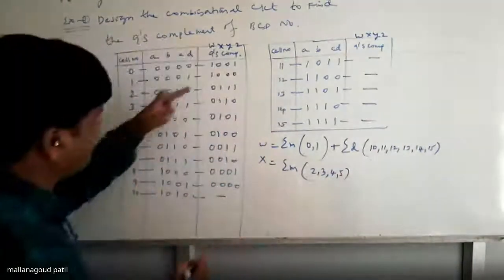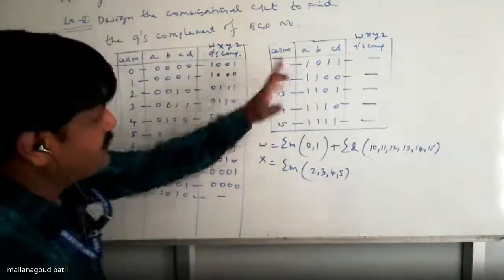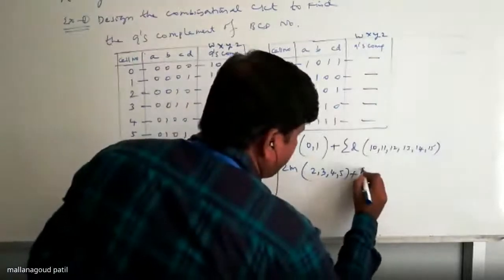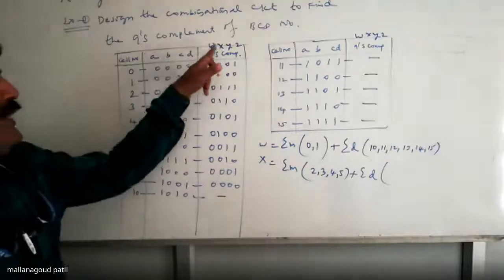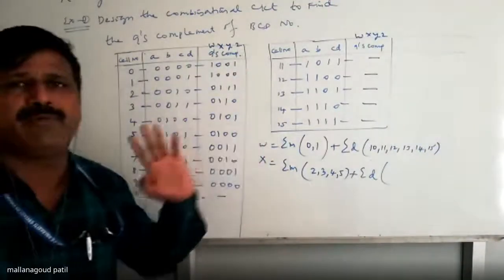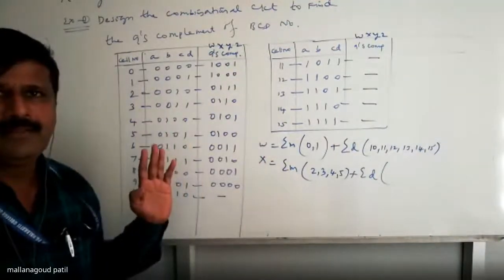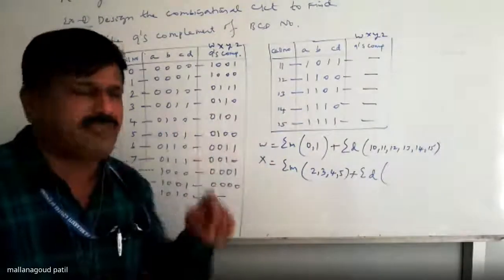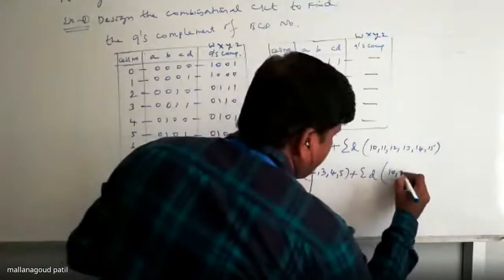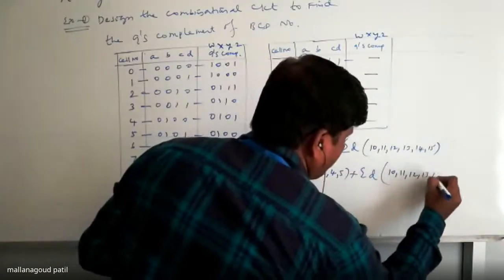Do you have any other than this? No. Then what about sigma D? Sigma D is common for all, as I already told. Even for W, X, Y, Z it starts at 10 and goes to 15. The don't cares for all the columns start at 10 and end at 15. Then I can write here 10, 11, 12, 13, 14, 15.